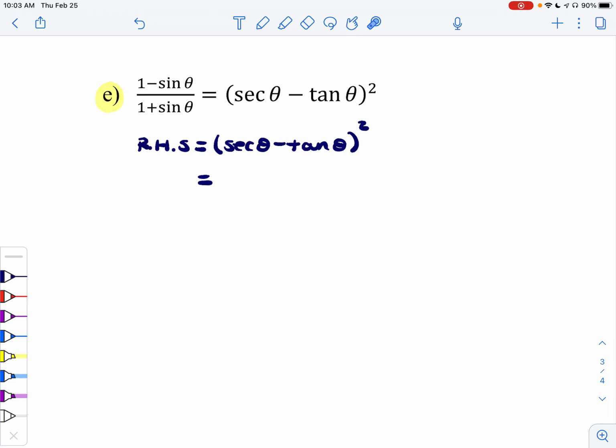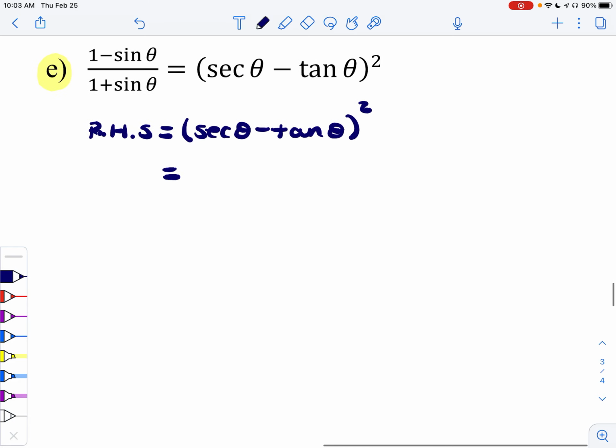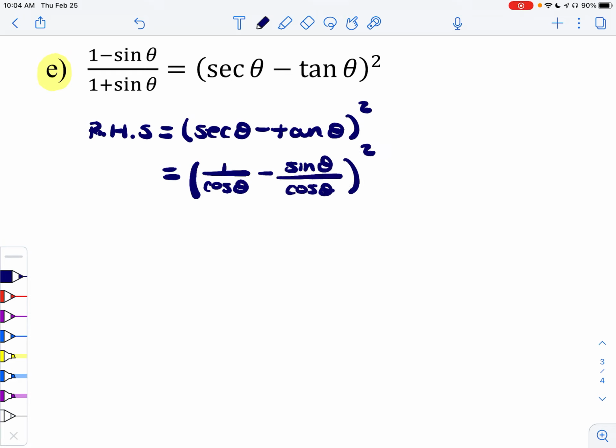Okay, I just want to try and simplify this a little bit in terms of the trig functions if I can to start with. So secant I know is 1 over cosine, and tangent I know is sine over cosine.